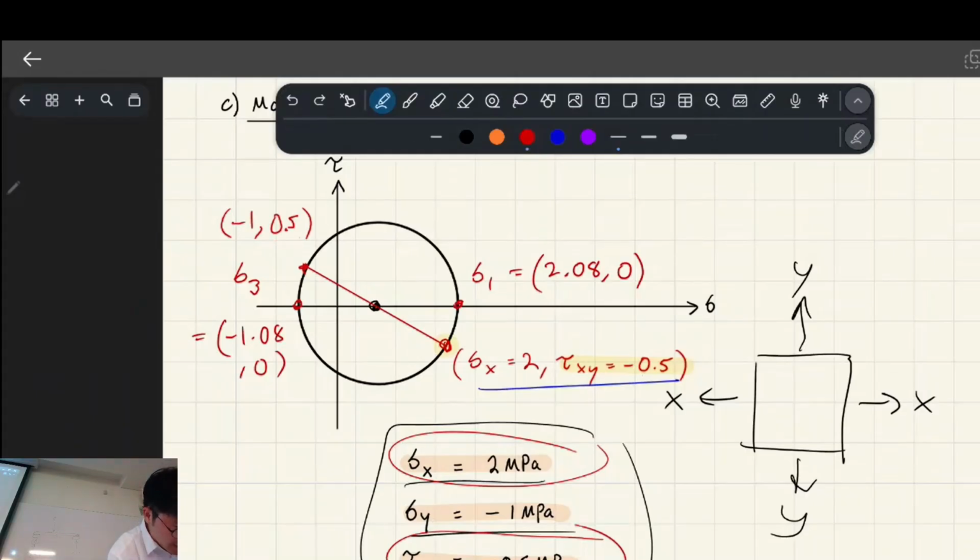But we call this value, instead of tau xy, tau yx. And this isn't conventional to list out in a question. So tau yx is the one that's paired with sigma y, but tau xy is the one that's paired with sigma x. Does that make sense? So that's the logic you have to work through in your head.